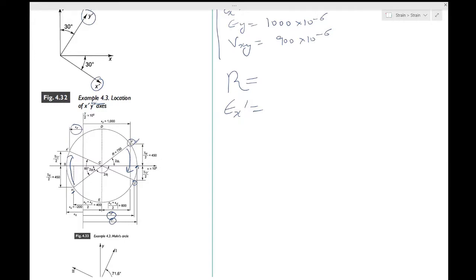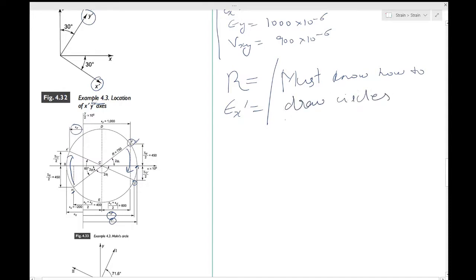One of the important things which you should know is how to draw these circles. You should be able to employ a compass and a ruler to draw these circles. Okay, please don't be lazy about it. You will have to use this, so please get them, and you should be able to draw a nice Mohr circle and make these transformations in any direction you would want.